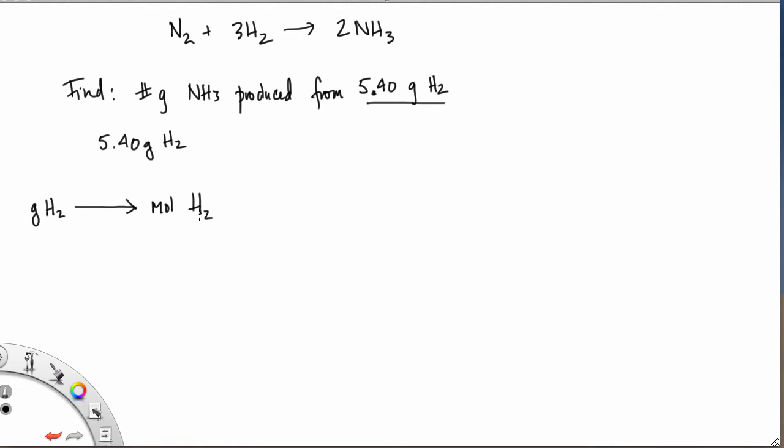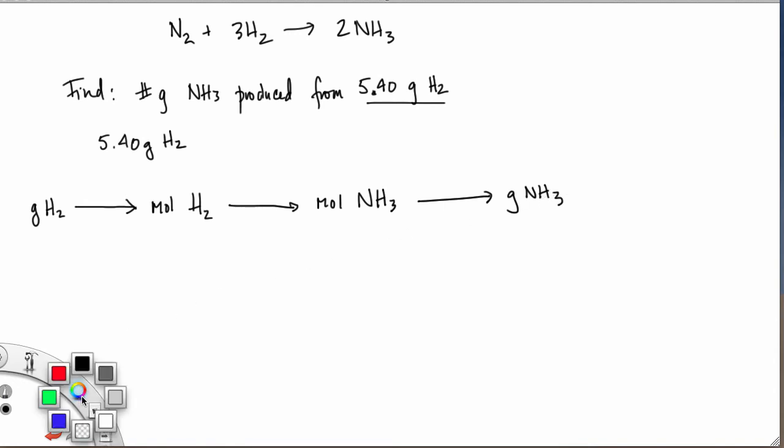But I want to find grams of ammonia. Before I can go to grams of ammonia, I need moles of ammonia. Once I'm in moles, I can convert to grams of ammonia. So these are the steps that I'm going to follow. This part here is crucial when I'm going from moles of hydrogen to moles of ammonia. This is where I'm using my mole ratio.